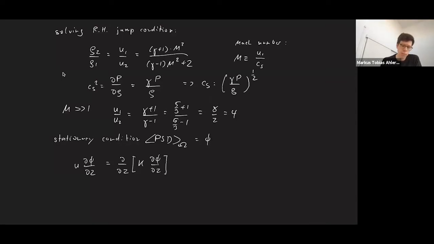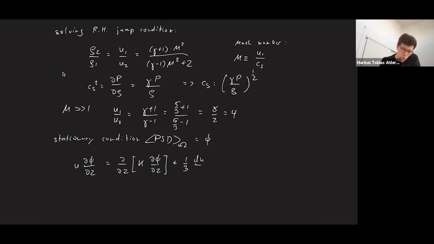So I'm dropping the indices of the diffusion tensor here. So this is just the ZZ entry of the diffusion tensor. And then we have also a term which leads to energy loss across the shock, which is related to the compression of the fluid.